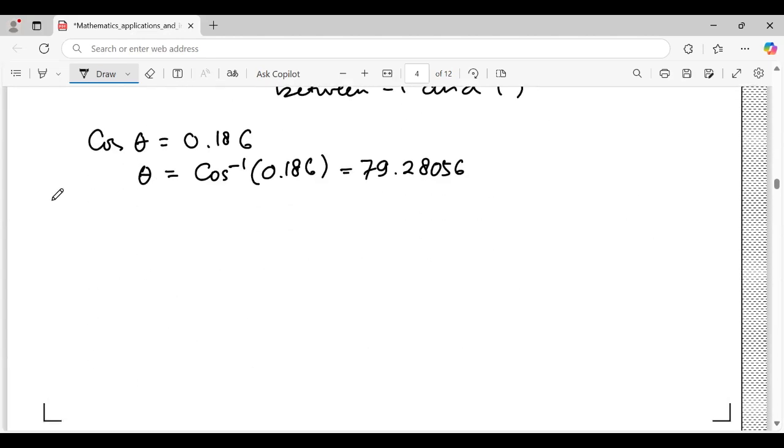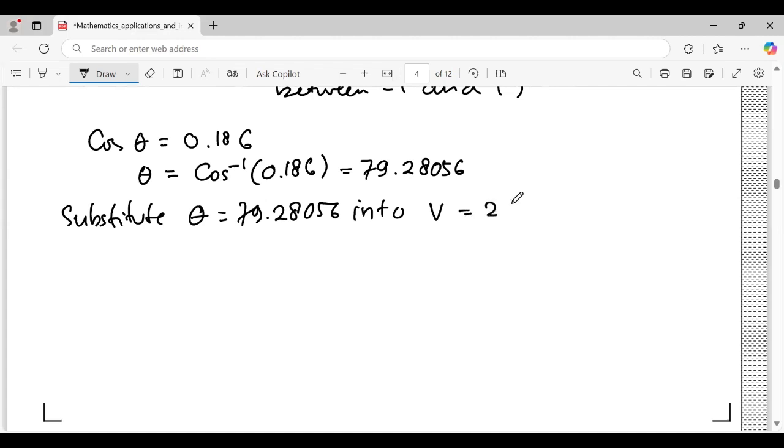And substitute theta equals 79.28056 into this equation.